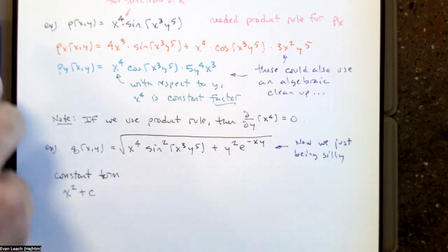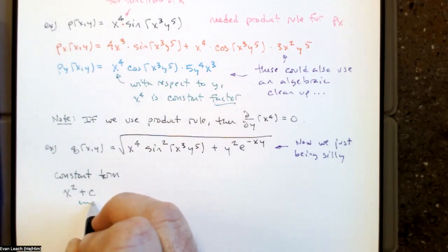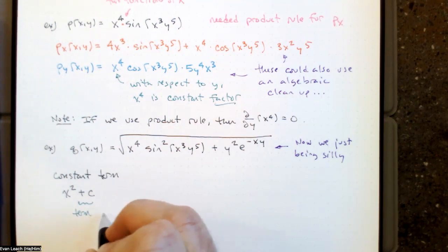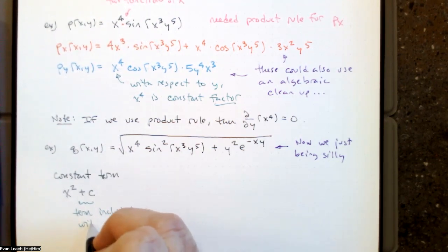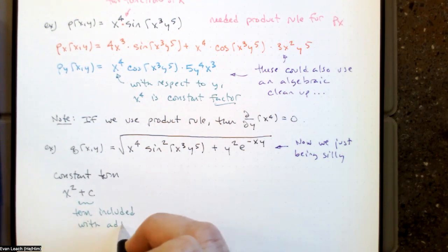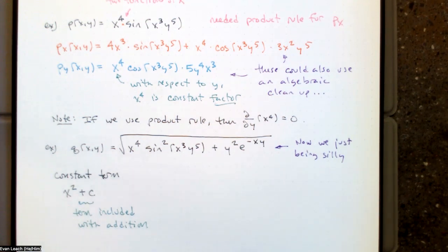It's included by addition. A term will be included with addition. And so when we take the derivative of a constant term, we get 0.